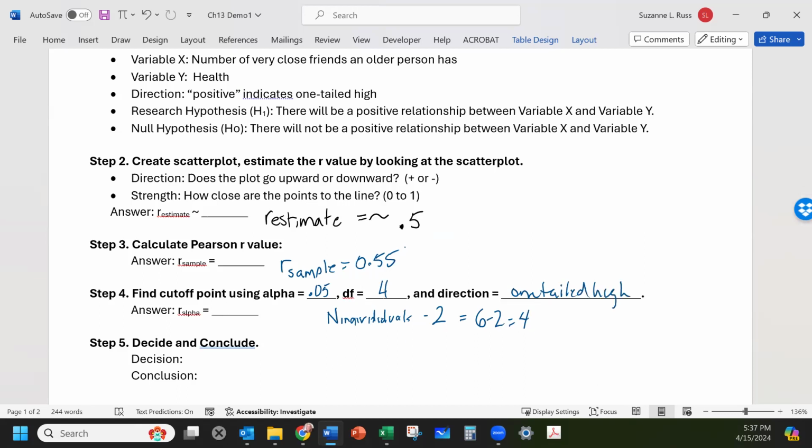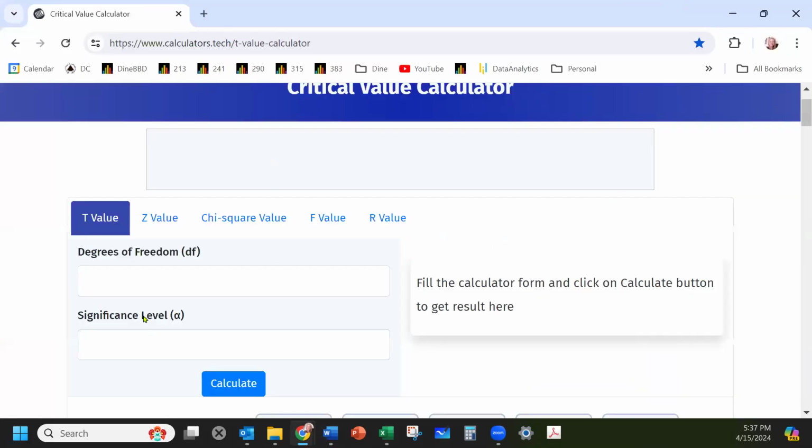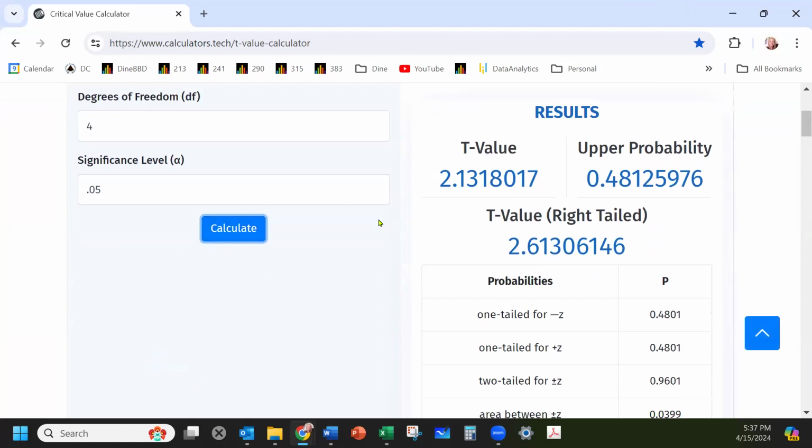And we already said we were doing one-tailed high. So let's go ahead and use our calculator tool. So here is our tool. You can find this on your left menu. Our degrees of freedom were 4. Our significance level was 0.05. We can calculate.